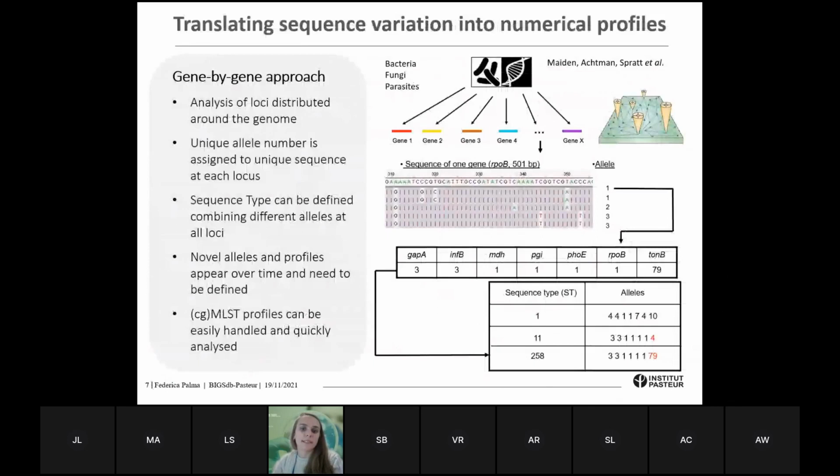And how do these tools work, for who is less familiar? This approach, which is also called the gene by gene approach, relies on the analysis of loci distributed around the genomes, usually 7 in the case of multi-locus sequence typing, but it can reach 100 or 1,000 for core genome MLST. And how does it work?